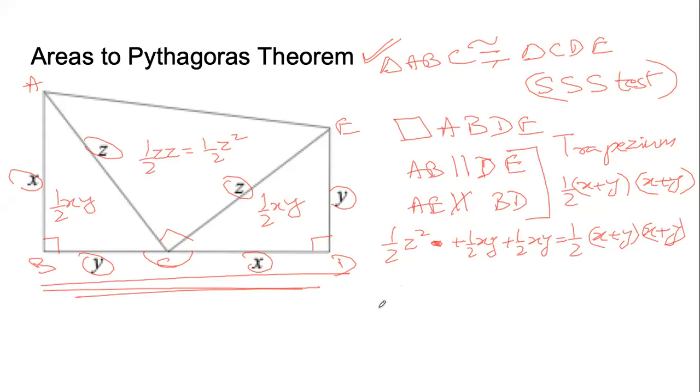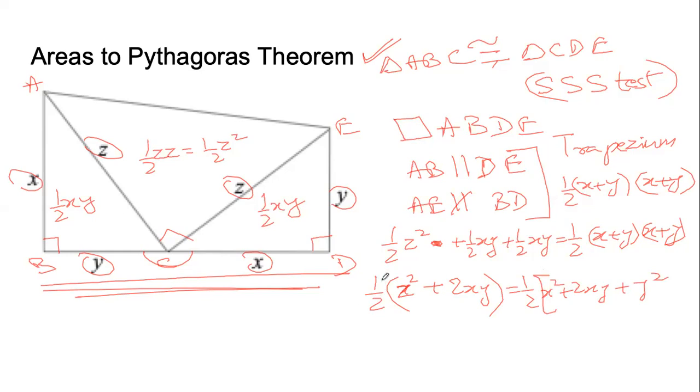On the left hand side, half is common. What is left with us is z square. Xy and xy is 2xy. On the right hand side, we have 1 by 2. And x plus y multiplied by x plus y becomes x square plus 2xy plus y square.